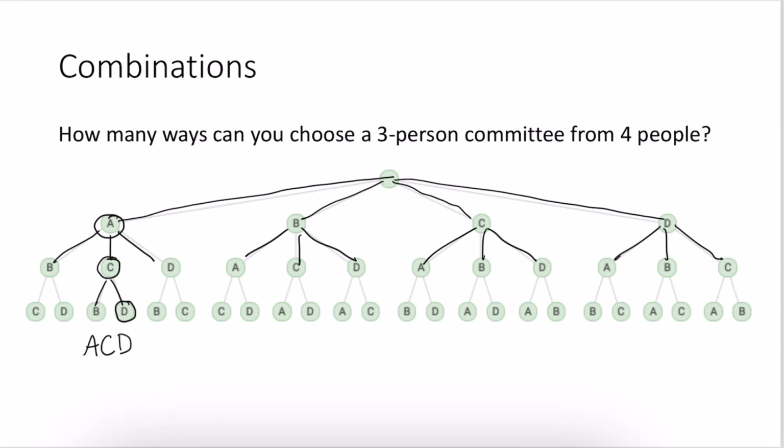However, it's not a combination because this same group of 3 people shows up multiple times in our choice tree.